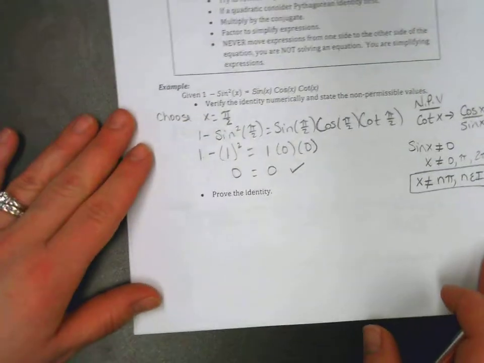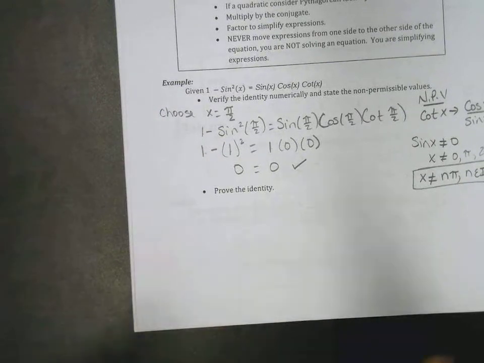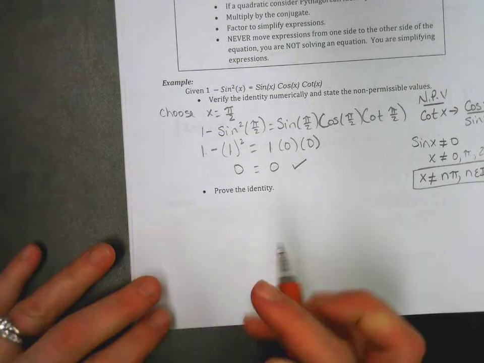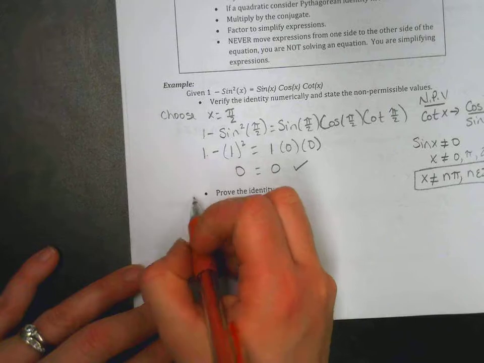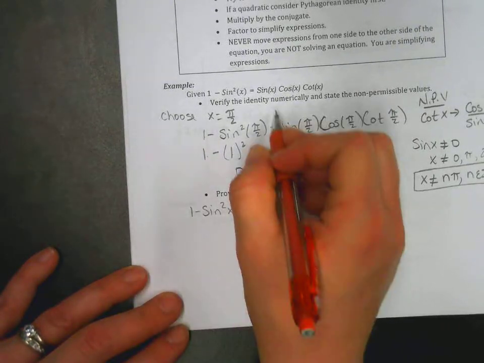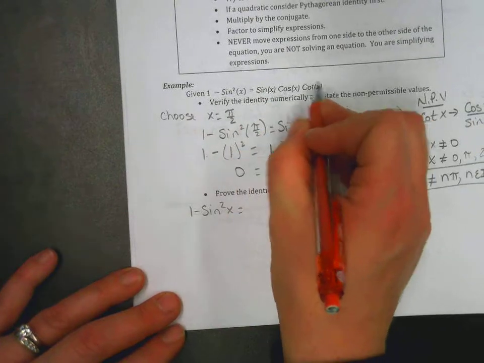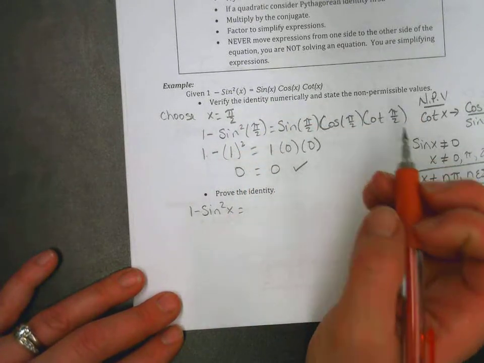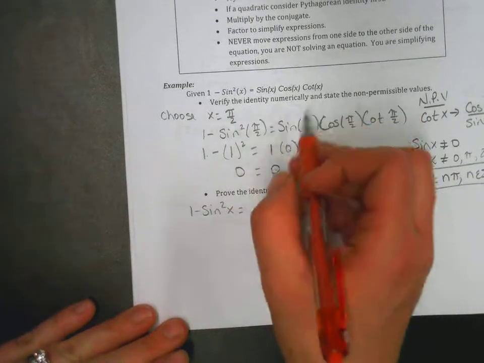All right, now we actually want to prove this identity using algebraic expressions. So I'm going to, again, write out this identity. I'm going to look at the identity and recognize that the right side looks a little bit more complex than the left. So I'm going to start there.